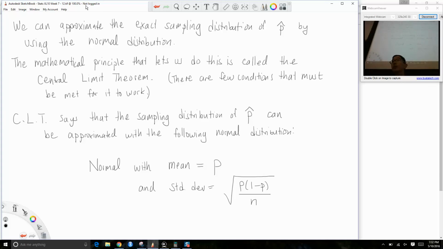Yes, question? Is that formula the standard deviation? It's the standard deviation of the sampling distribution. And standard error? It's also called the standard error, yeah. This formula is also known as the standard error. I guess I'll put that in here. Also called the standard error, okay?